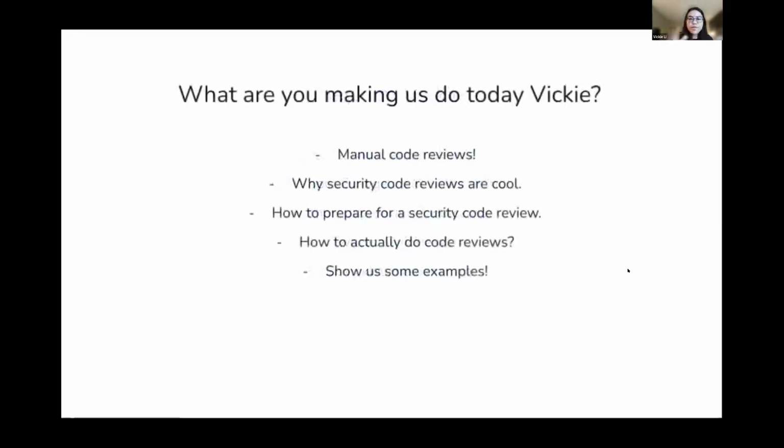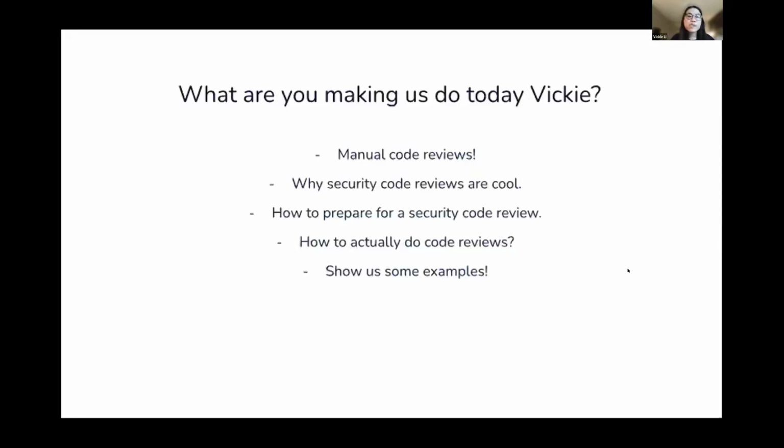And so first of all, before we jump into actually reviewing some code, let's first talk about the agenda that we're going to be doing today. So we're going to be talking about manual code reviews. That is, you're diving into code yourself and trying to find vulnerabilities in the code without using any tools. And we're going to be talking about why you might want to learn how to do that, despite all the automated tools available to you today.